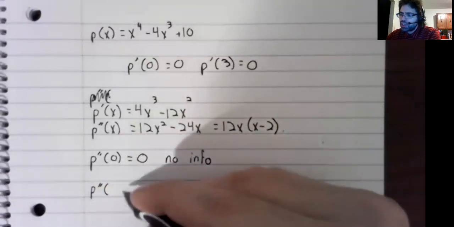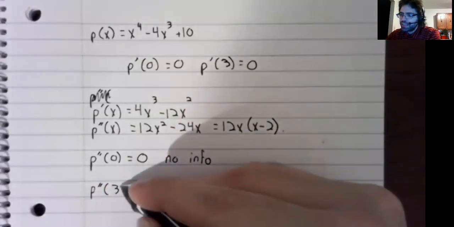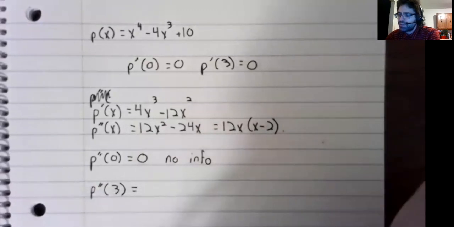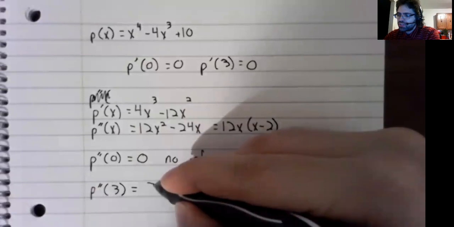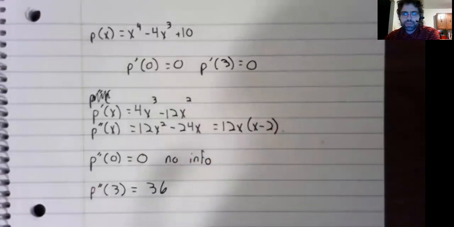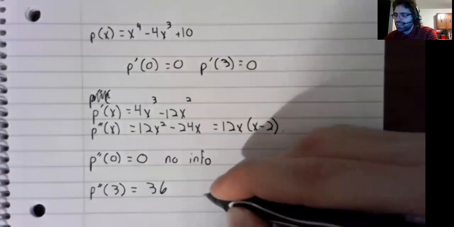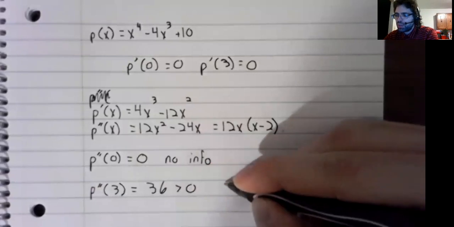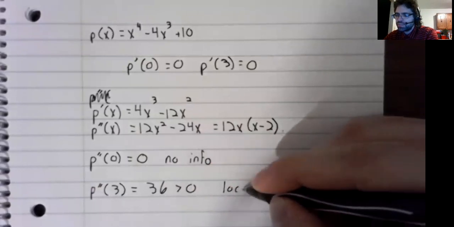When we plug 3 into the second derivative, our test does not fail. We get 36. 36 is positive.